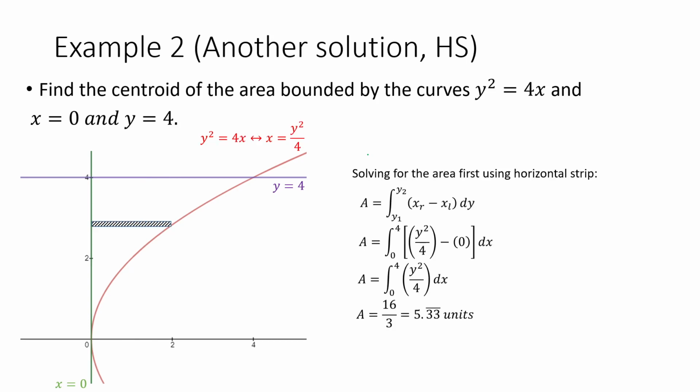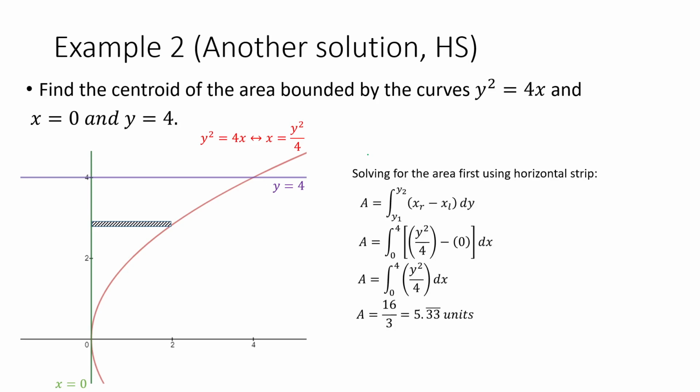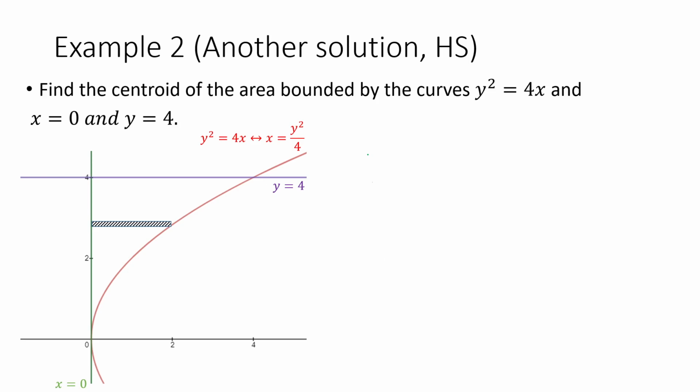We proceed, sir. Okay, so horizontal strip, so that you can see the difference in equations. So again, area first and then x right minus x left, since we are using a horizontal strip, and then from y1 towards y2.